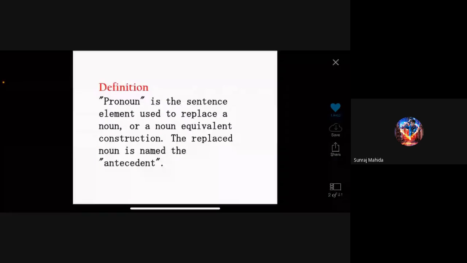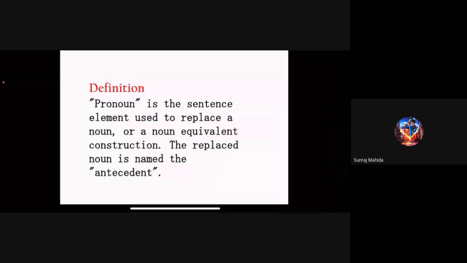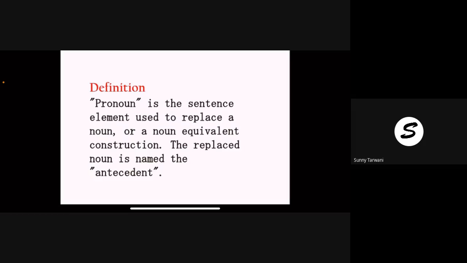Definition: a pronoun is the sentence element used to replace a noun or a noun-equivalent construction. The replaced noun is named the antecedent. So now, a pronoun will do the work of a noun.